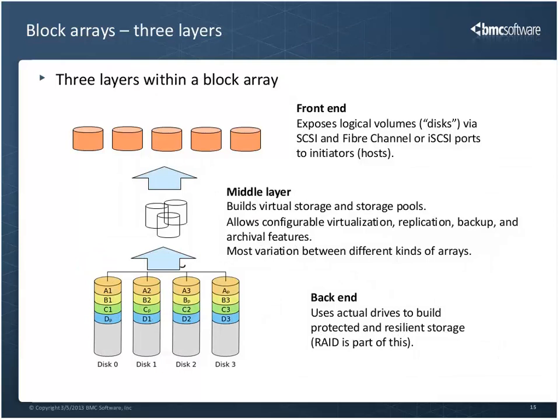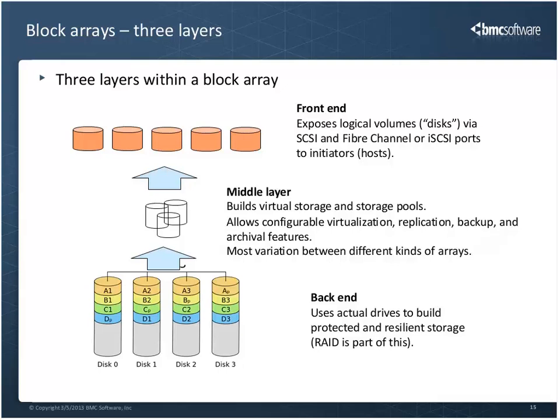So looking deeper into a block array, here I'm trying to avoid becoming very brand specific, but overall, I think it's true to say that most of these arrays are arranged in 3 layers: the front end, middle layer, and back end. The front end is probably the most constant, in the sense that it doesn't change from array to array.